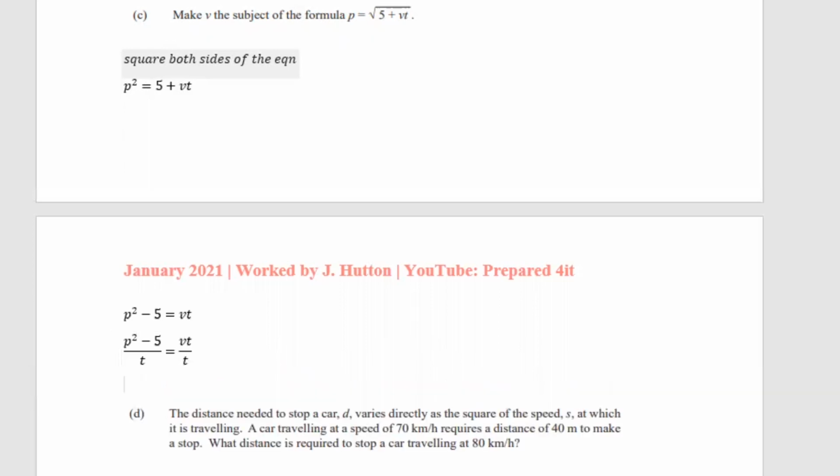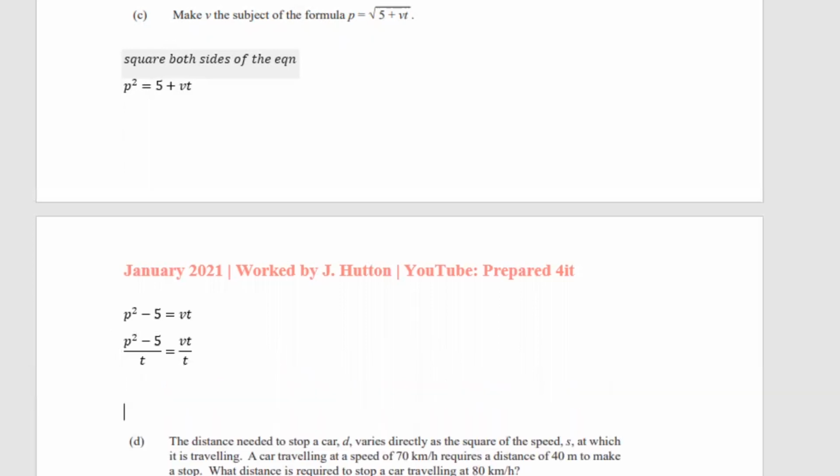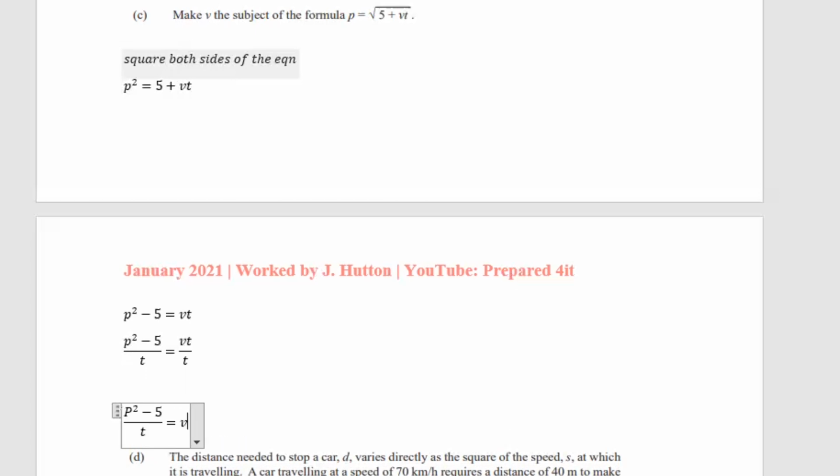So this t will cancel out with that t. Therefore our answer is p squared minus 5 divided by t is equal to v. And that is our answer for making v the subject of the formula from p is equal to the square root of 5 plus vt.